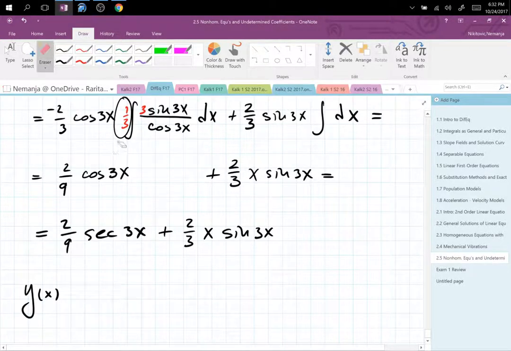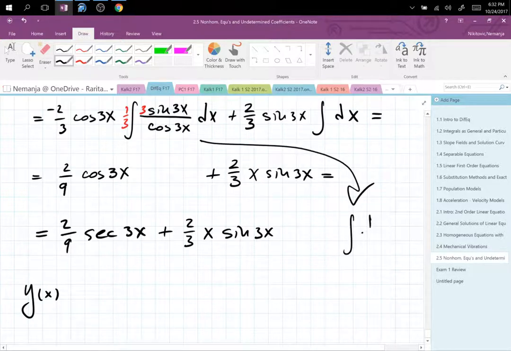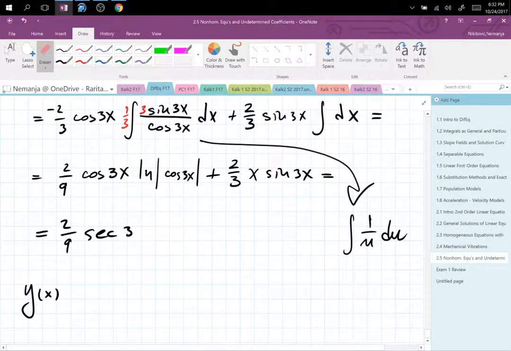You have to get the substitution. Yeah, this is a u sub over here. We get the integral. Oh yeah. So it's ln of u, and u was cosine 3x. That's better, right? Yeah.